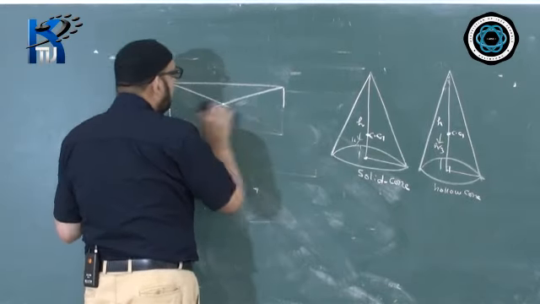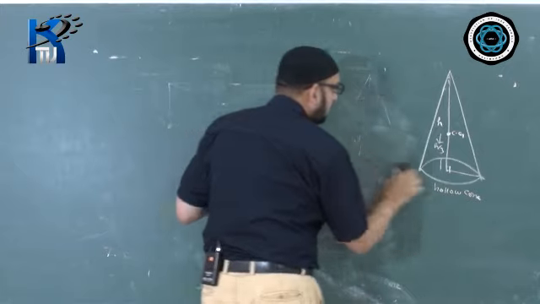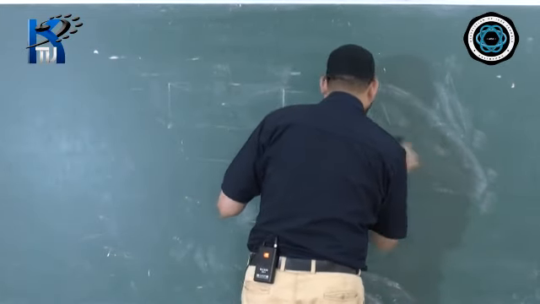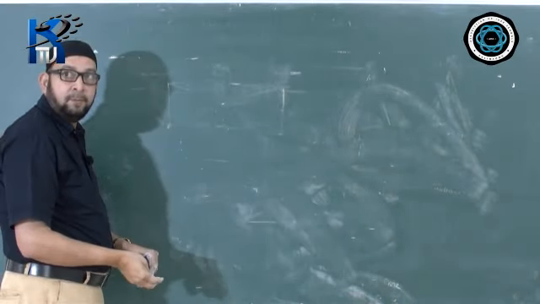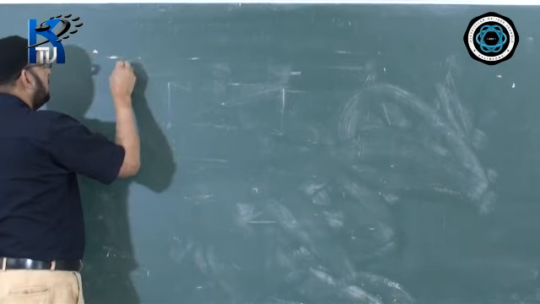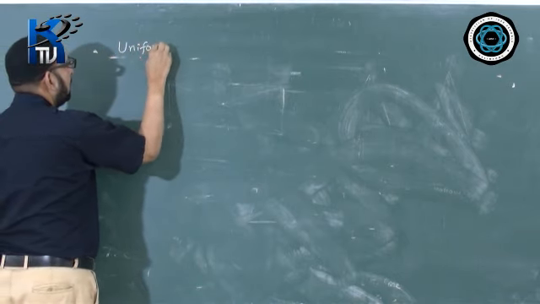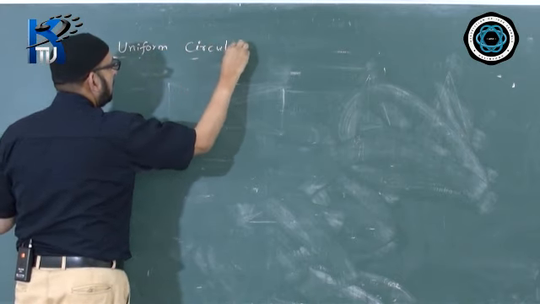Now, we are into the last topic of this chapter, which is called circular motion, uniform circular motion.